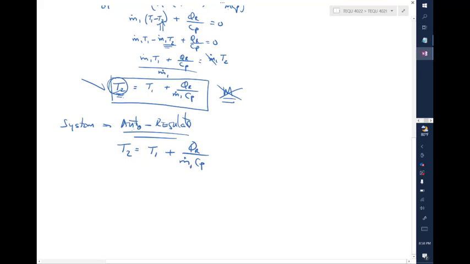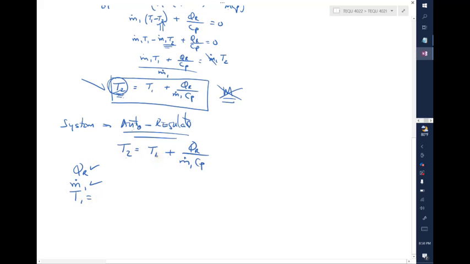Let's call this M1. To make a long story short, if I know QR and the mass flow getting into the tank, I can get T2, because T1 is a known value. In this equation you have 5 variables.